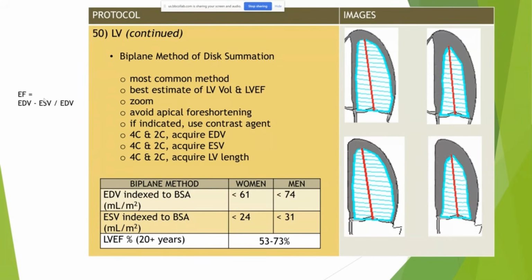We call it the biplane method of discs, or you can also call it the modified Simpson's rule, according to the American Society of Echocardiography. So again, we're measuring from both the apical 4-chamber and the apical 2-chamber. The doctors prefer for us to use a zoomed in view so that our tracing can be more accurate.